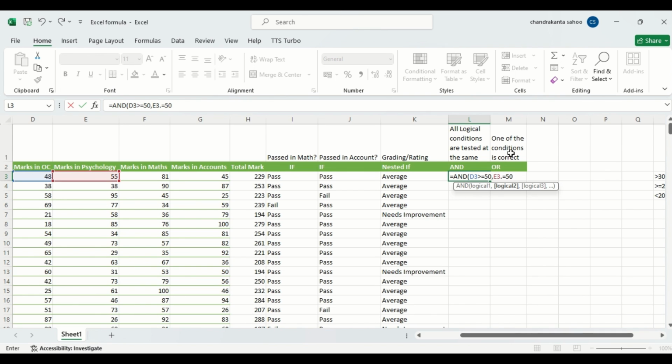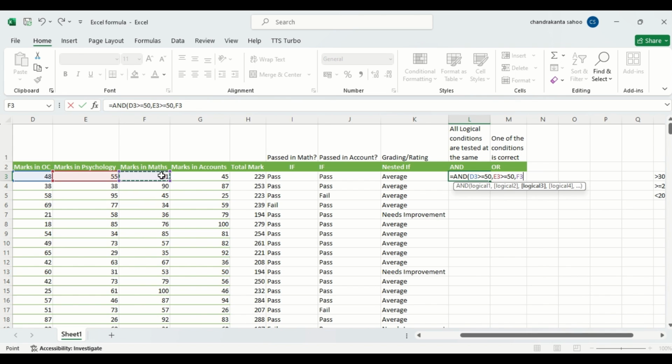Okay, there is one issue here: greater than and equal to. It is greater than or equal to 50. This is the second condition. Then what is the third condition?